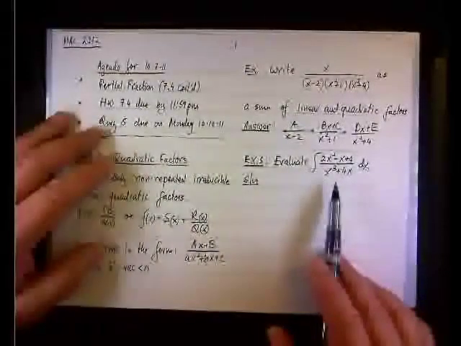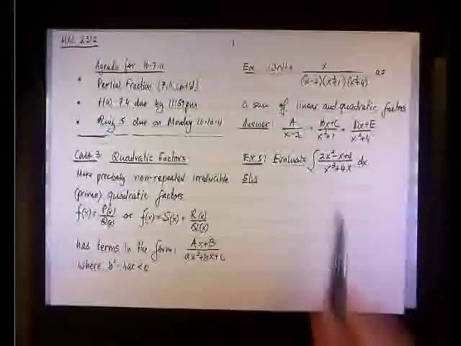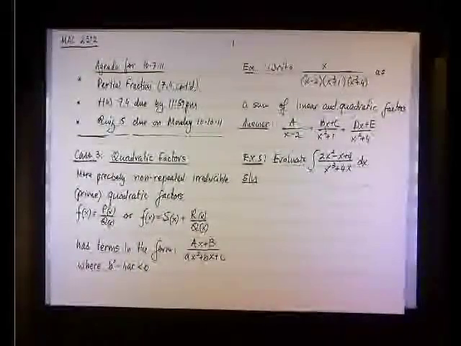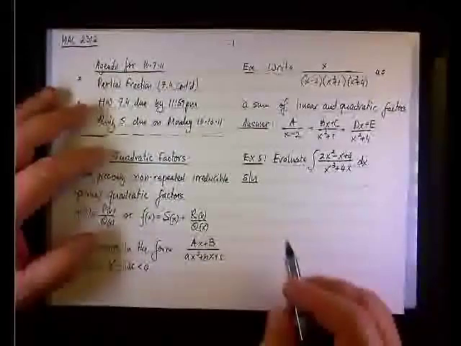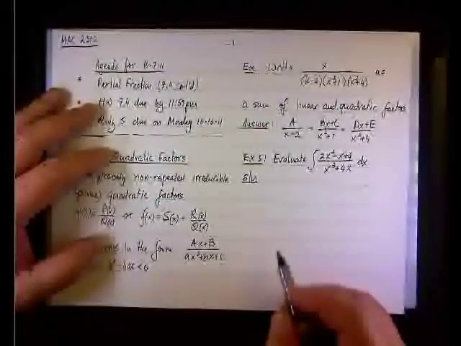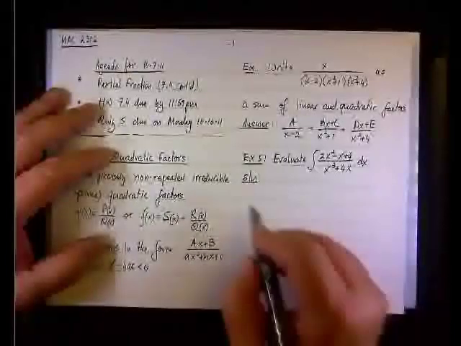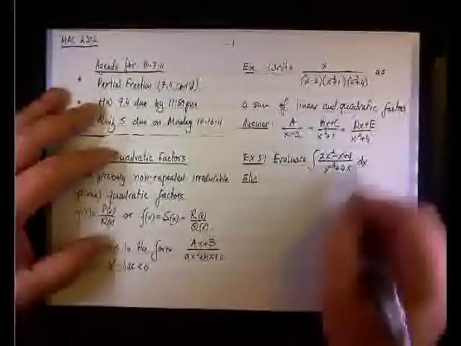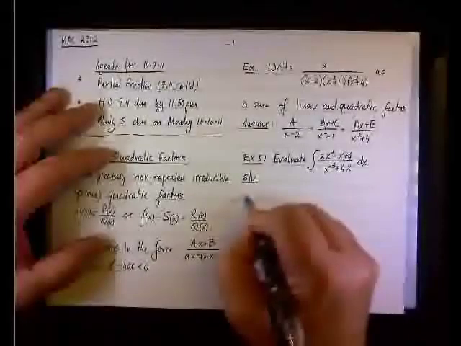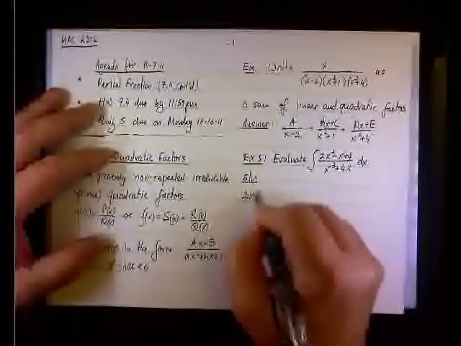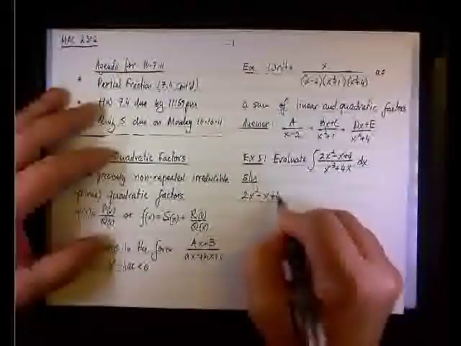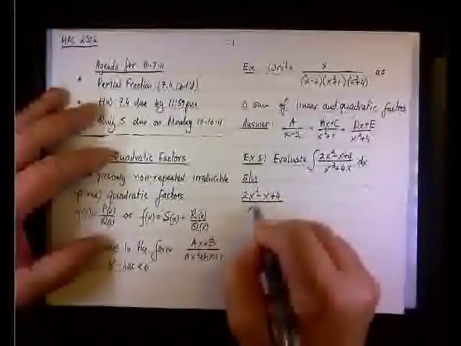In this case, the integrand is a proper rational function, so we can go ahead and move on to step 2. So what do we do in step 2? Let's look at the integrand, 2x squared minus x plus 4 divided by x cubed plus 4x.